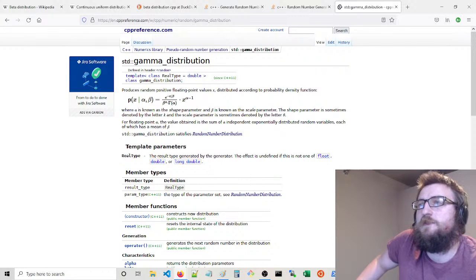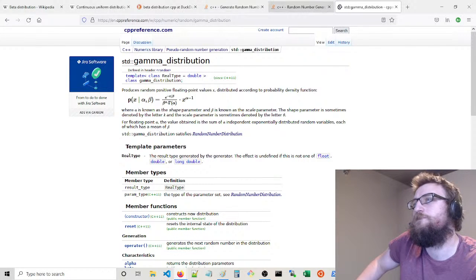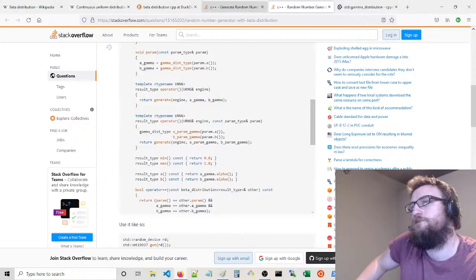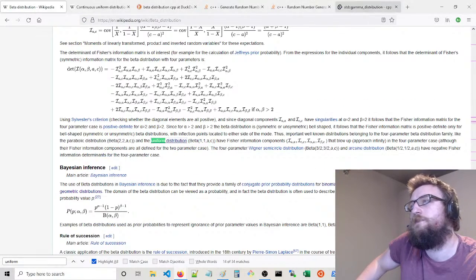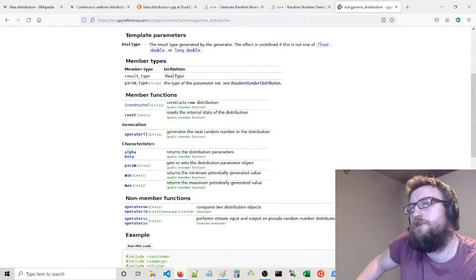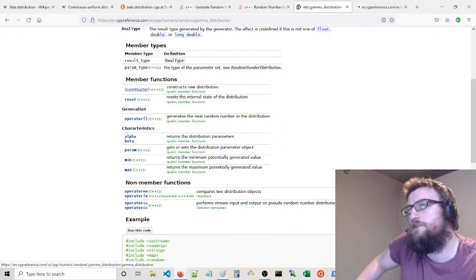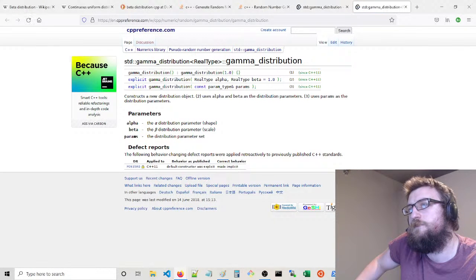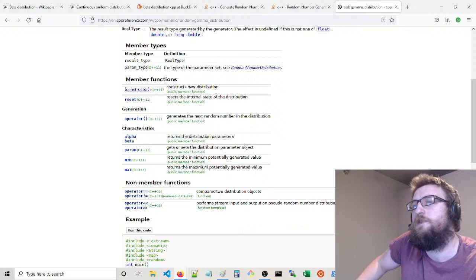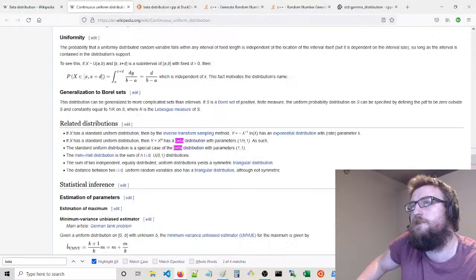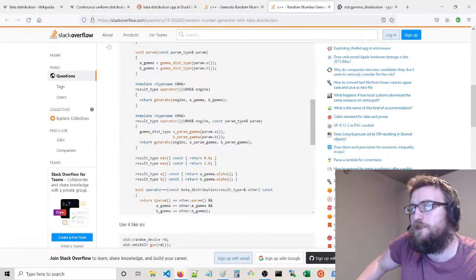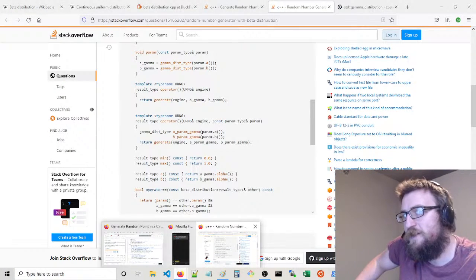I think it's, what's the default for gamma? Oh, it's just one. Beta is just one. Oh, okay. Yeah, I was missing the formula. I was missing how they combine correctly.